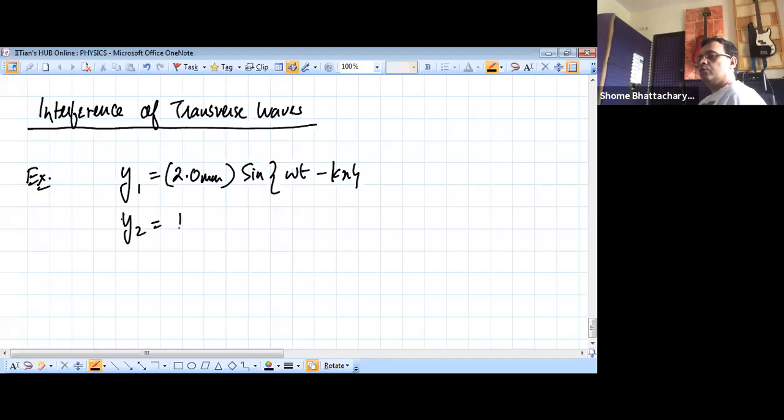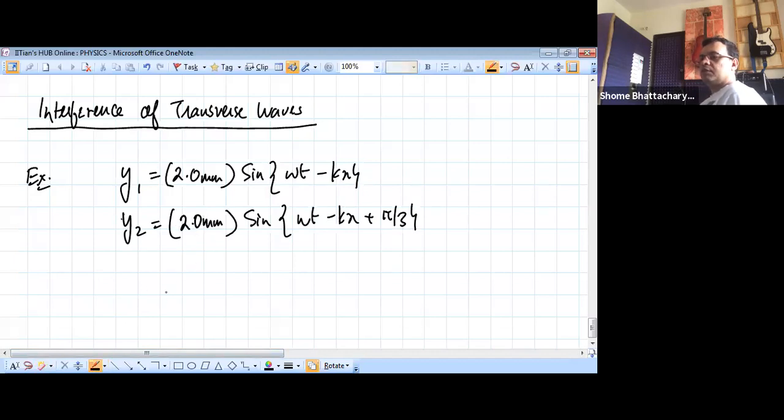Y2 is equal to 1.8 millimeters into sine omega t minus kx plus pi by 3. Okay. So let's make this a little simple to begin with. Let's take 2.0 and 2.0.